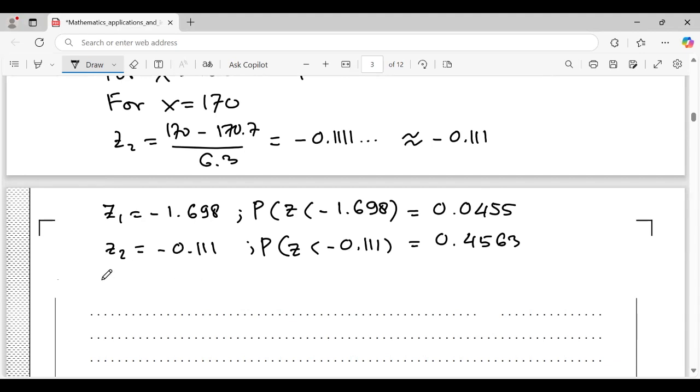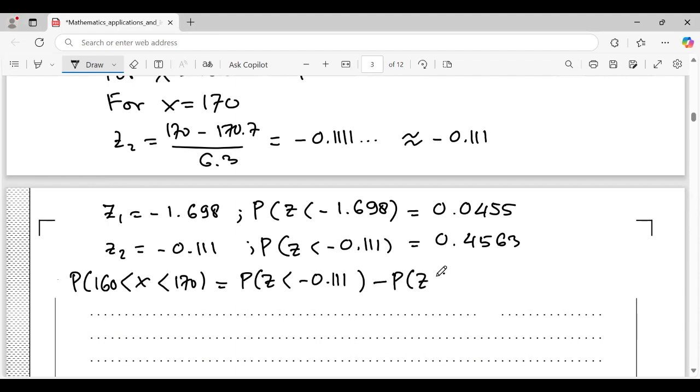Okay, and it means if we are going to find the probability that x greater than 160 less than 170, it equals probability z less than minus 0.111 minus probability z less than minus 1.698.